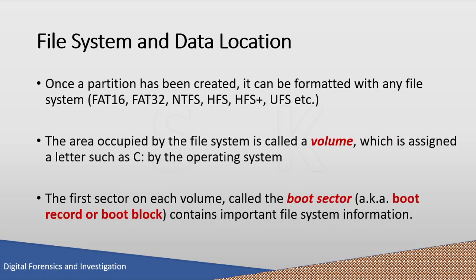It is still possible to find a particular book, but it will take more time because the order has been destroyed. Also, the first sector on each volume is called the boot sector, also known as boot record or boot block, and it contains important information about the file system.